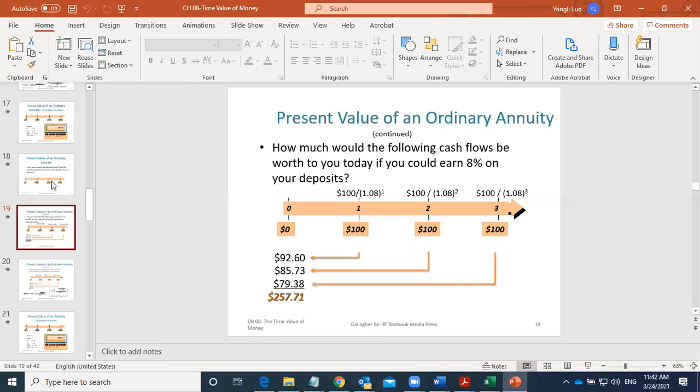The third one is just 100 divided by 1.08 cubed. That's the third discount. So you do the discounting of all those future payments and you sum them up. That's your present value.